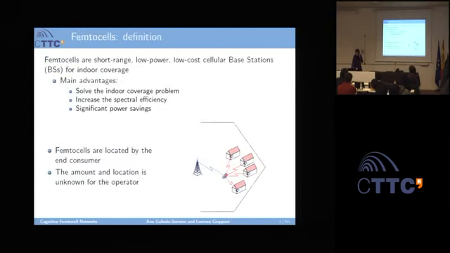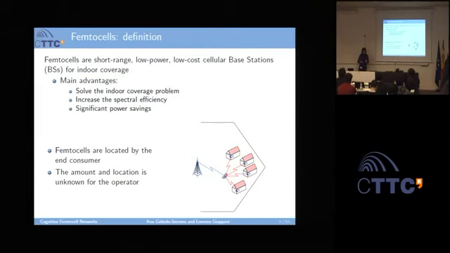So let's move. Okay, we all know what femtocells are, so I will not talk about it, but the idea with this slide is to introduce the necessity of including self-organization techniques in femtocell systems. As you all know, femtocells are located by their end consumers, and therefore the amount and location of them are unknown for the operators, which will make it impossible to introduce centralized planning and control from the operators.